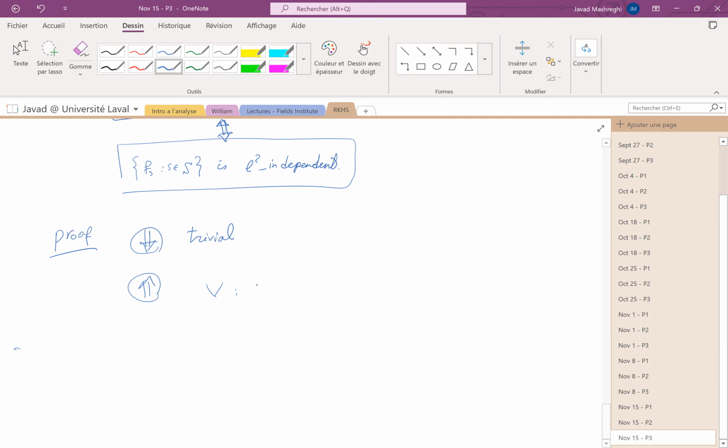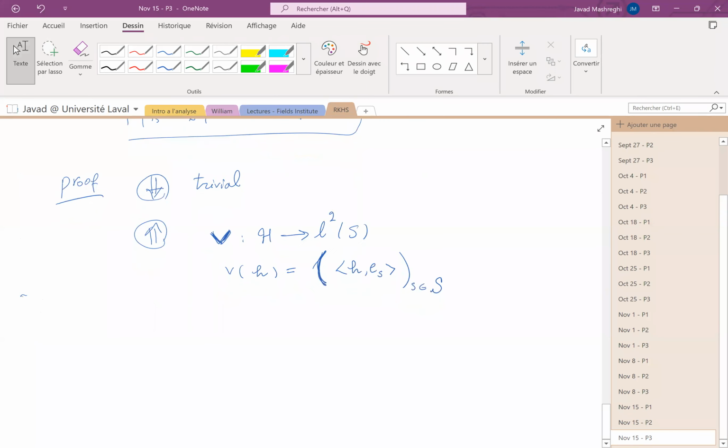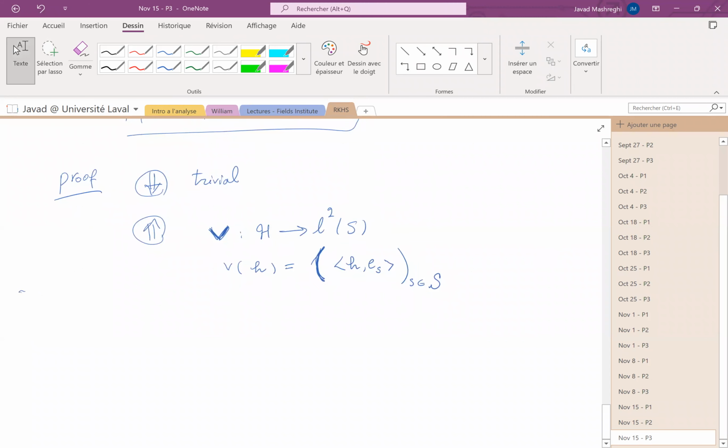V was from H to L2 of S. By this definition, V of an element h was defined to be this vector, h inner product with E_s, s in S. That's the way we defined V. We saw this before. And this is an isometry.